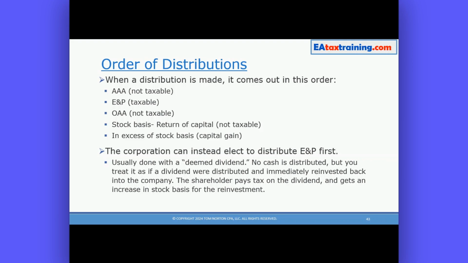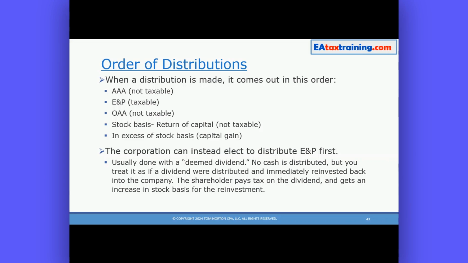Again, they are coming from S Corp earnings. It's the non-taxable portion of the S Corp earnings, but they are still S Corp earnings. Because they are distributions from S Corp earnings, they are not taxable to the shareholder.